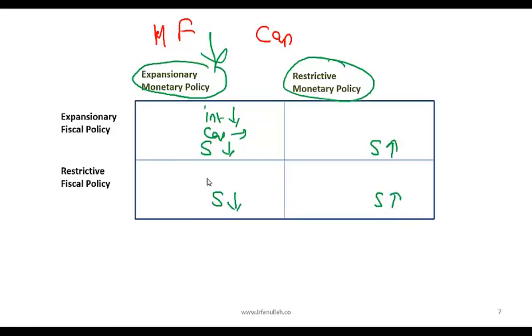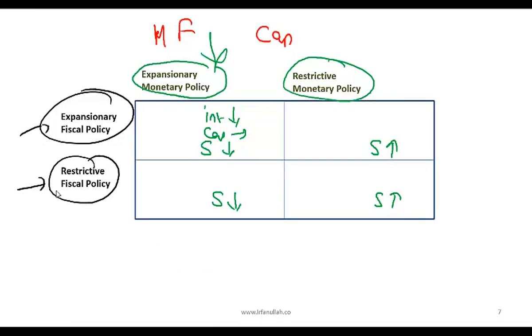Okay, now I'll change colors and talk about fiscal policy. Fiscal policy will be in black. Again, with fiscal policy, either the policy can be expansionary or it can be restrictive. What does an expansionary fiscal policy mean? It means that the government is spending more, investments by the government, or the government might be cutting taxes.